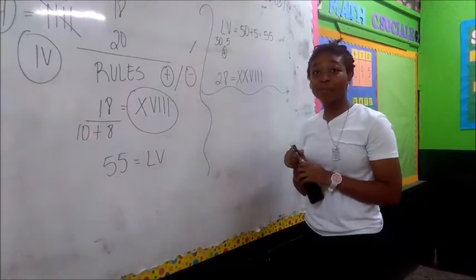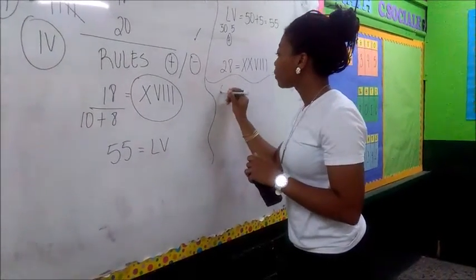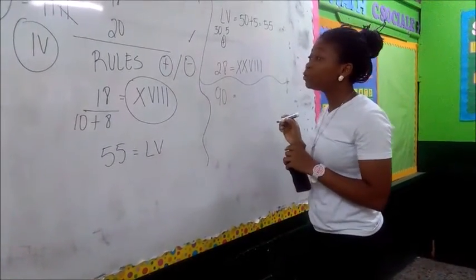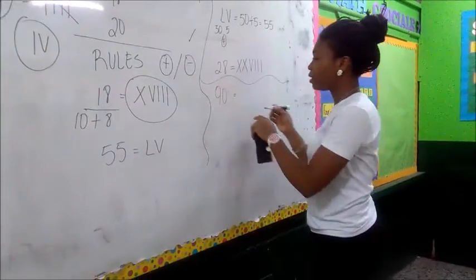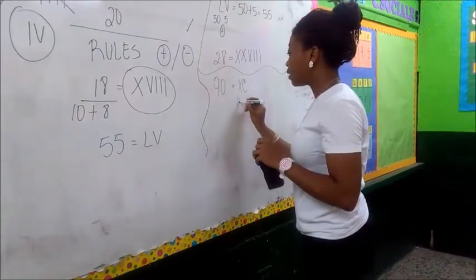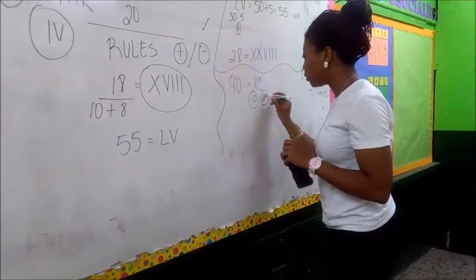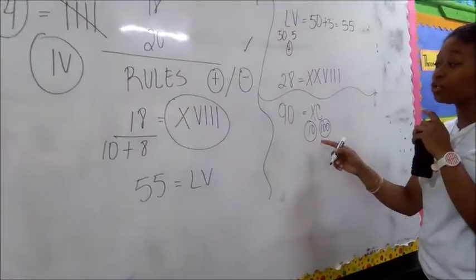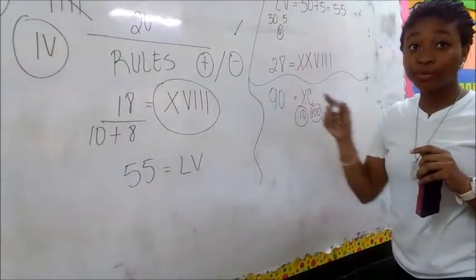Okay, the other example that we have is when we are going to write the number 90. In this case, we are going to use the subtraction rule. Why? We know that 90 is this one. This is represented by 10, and this is represented by 100. So this is very important to analyze, because in this case we're going to know how to use the rule of addition and subtraction.